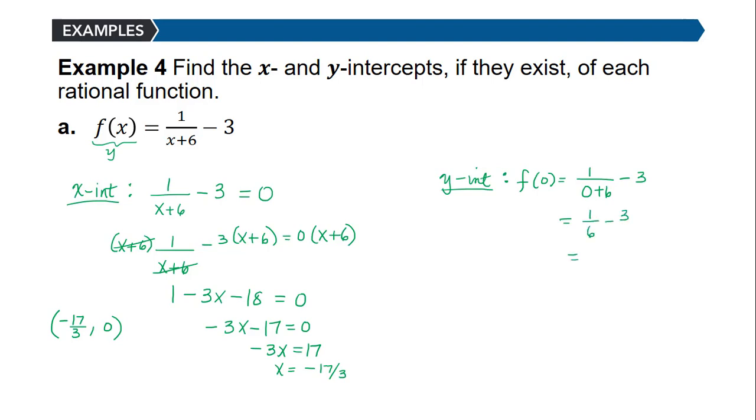We can get a common denominator of 6, and when we convert 3 divided by 1 to a denominator of 6, recall that 1 goes into 6 six times, and 6 times 3 is 18. So the equivalent expression is 1/6 minus 18/6, which is negative 17/6. So the y-intercept is the ordered pair 0, negative 17/6.